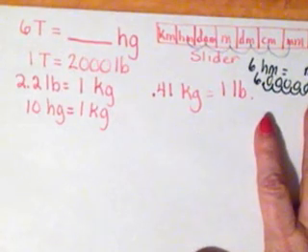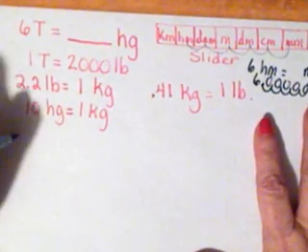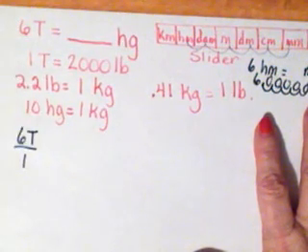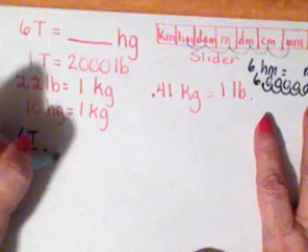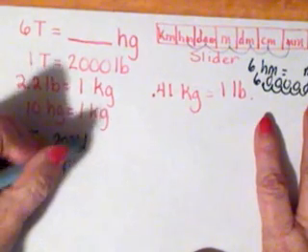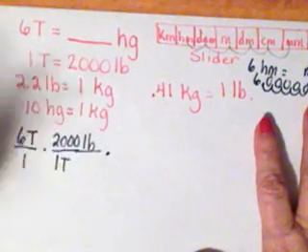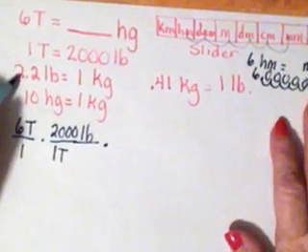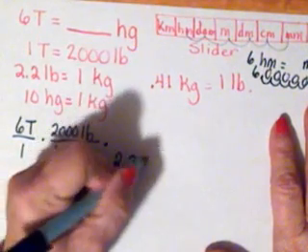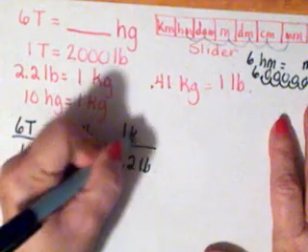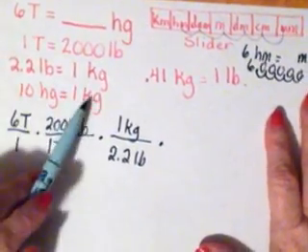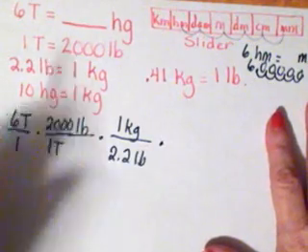Now, so let's take here and start out with 6 tons. Okay, and we've got 1 ton is 2,000 pounds. Okay, we've got 2.2 pounds equal 1 kilogram. Okay, now we've got 1 kilogram equals 10 hectograms.